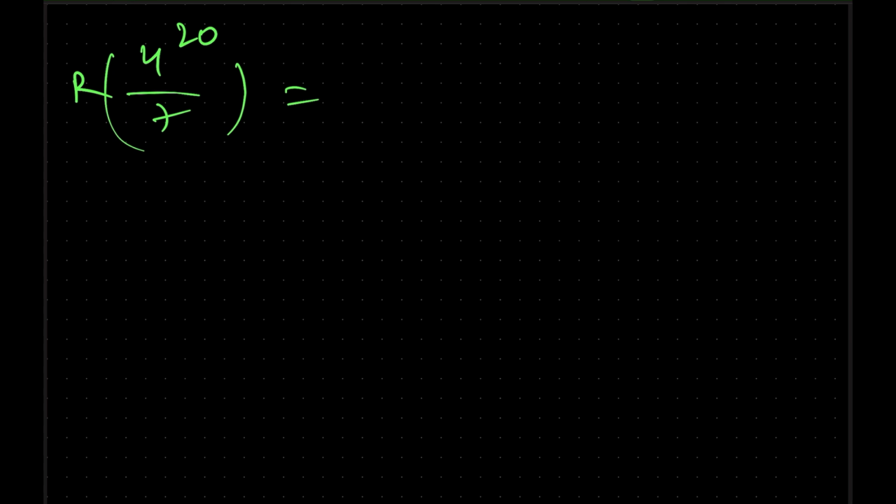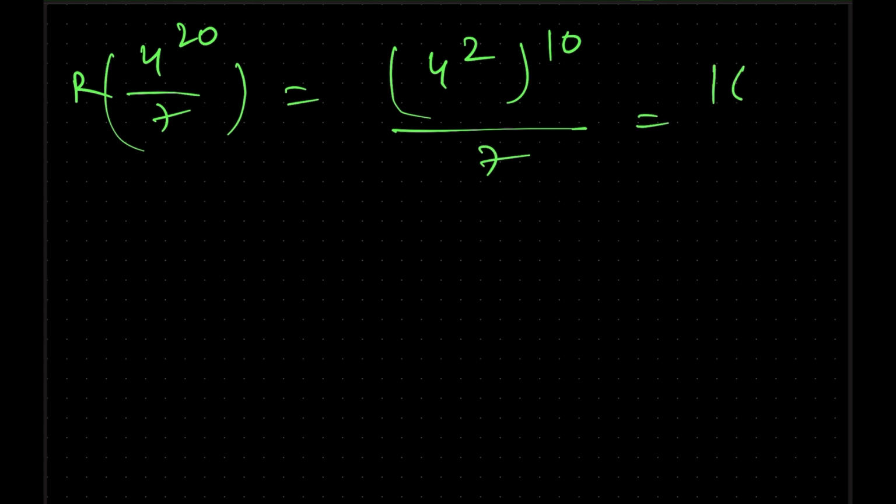Now we will take again 4 squared and 10. So we will get 16 to the power 10 by 7, the same remainder.